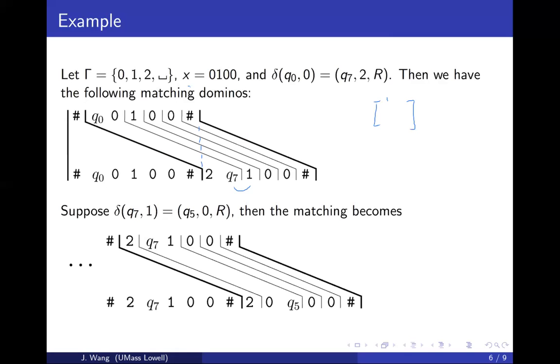On top, on the bottom, we change Q7 to Q5 and 1 to 0.